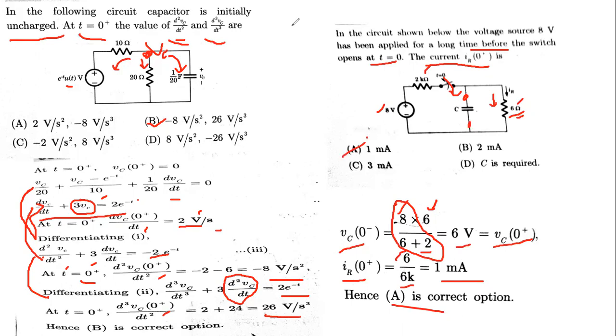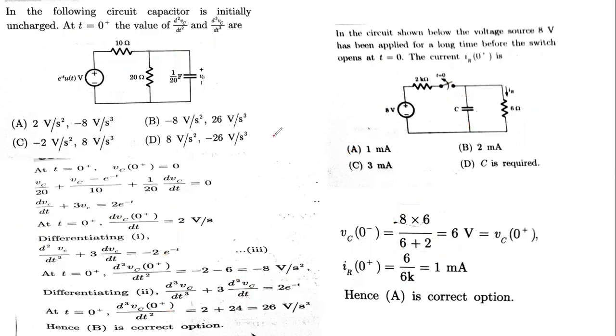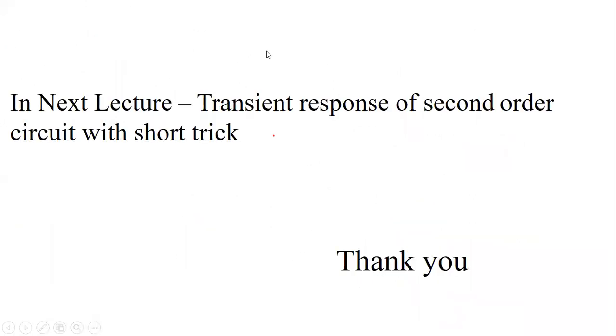So those are some basic problems related to the RC circuit. We will stop here, and in the next lecture we will discuss the transient response of second order circuits with a short trick. A second order circuit has both types of elements, inductance and capacitance, and the equation is governed by a second order differential equation.